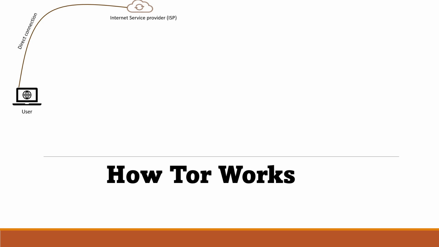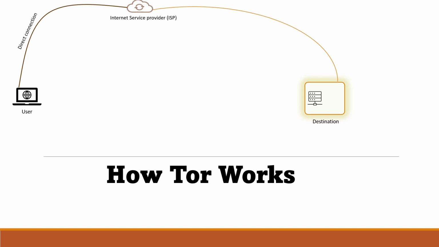Your ISP acts as the gateway to the internet. It takes your request and forwards it to the destination server. Think of it as the post office sending your letter to the recipient. The destination server is the website or service you're trying to access. When it receives your request from the ISP, it processes it. It's like the recipient of your letter, reading and understanding what you wrote.